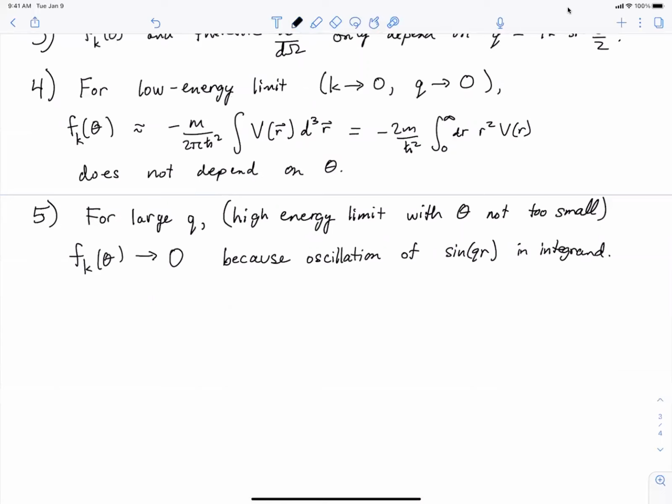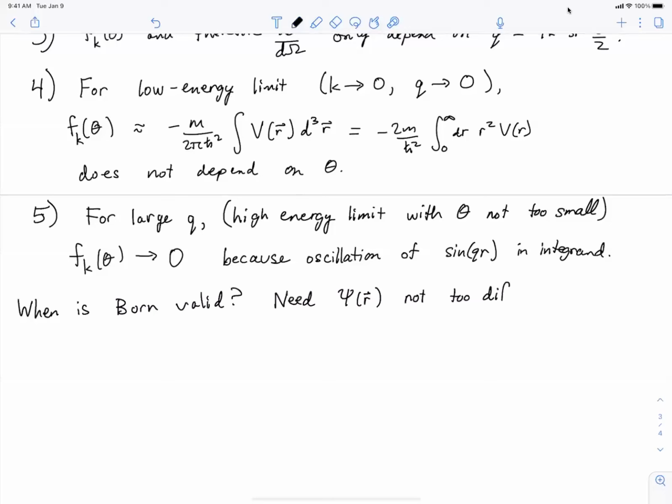More generally, you can ask, when is this Born approximation valid? And remember what the Born approximation was: we assumed that the whole scattering wave function within the target is not too different from the incident beam, which was e to the i k dot r over 2 pi to the 3 halves.